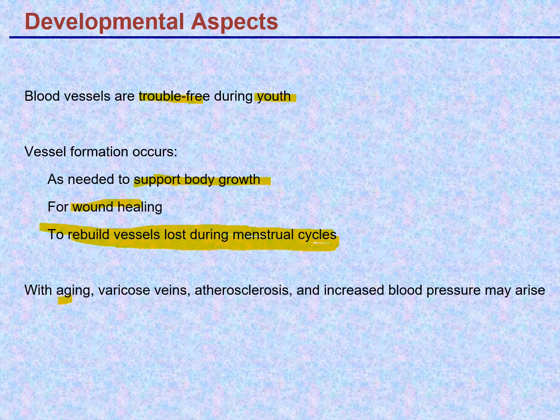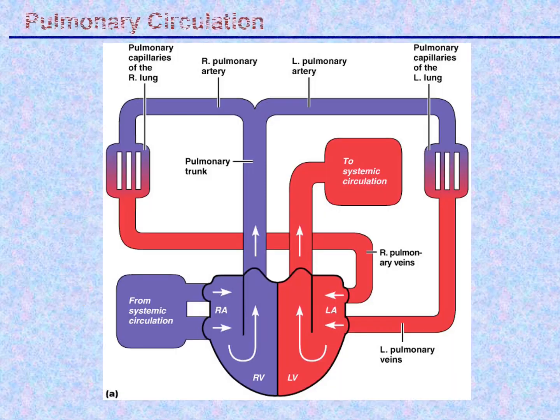But with aging, you get weakness in the walls of veins so that they widen out unnaturally. You get varicose veins. You get some deposits and calcium streaking on the arterial side, which are characteristic of a process called atherosclerosis. And overall, you typically get an increase in blood pressure.